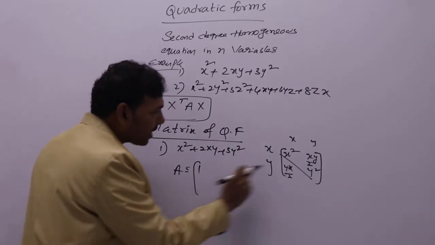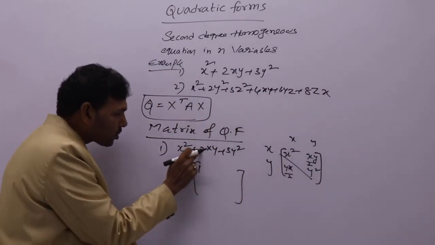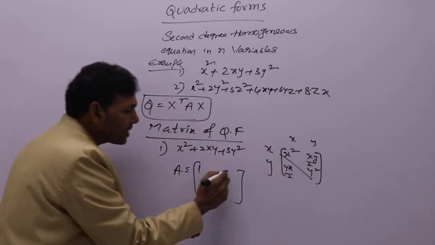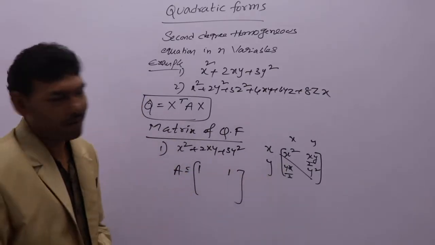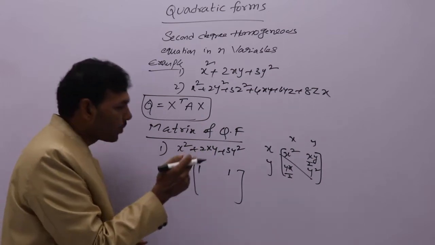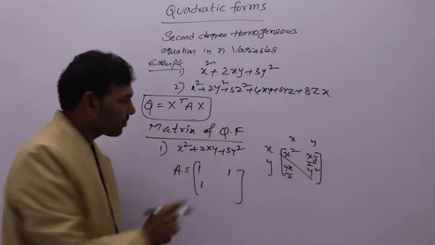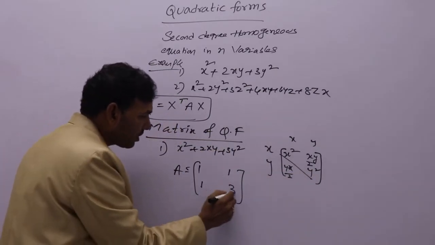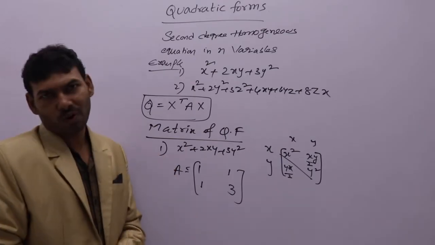Now here write half the xy coefficient. The xy coefficient is 2, and 2 by 2 is 1. Next, here yx or xy is the same, the xy coefficient only, make it half, 2 by 2, 1. In this place, write the y square coefficient. What is the y square coefficient? 3.